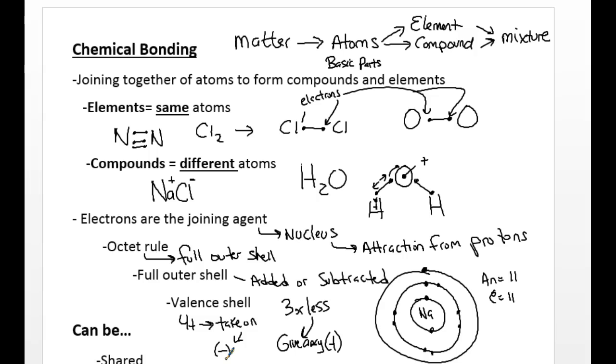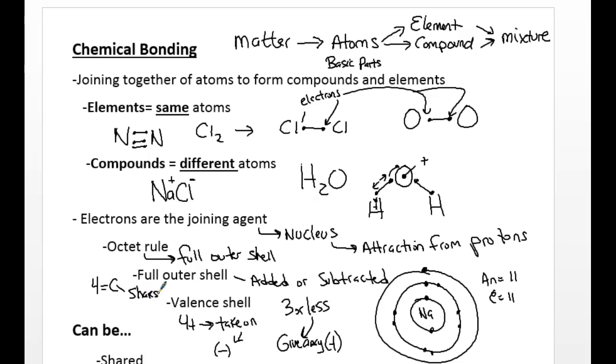And there's the happy medium, the one with 4. So 4, that's only carbon, and there's some silicon as well, but it doesn't give or take, it shares. Okay, and this helps form a lot of these covalent compounds.